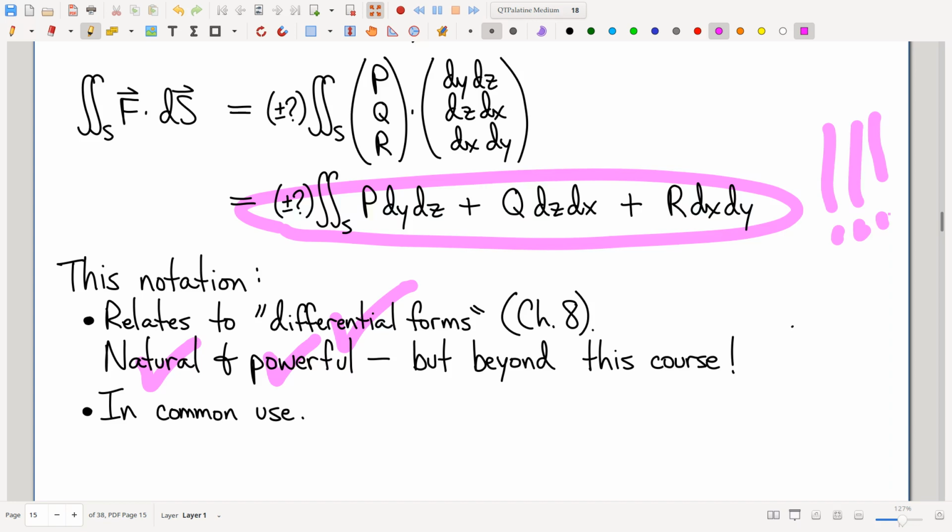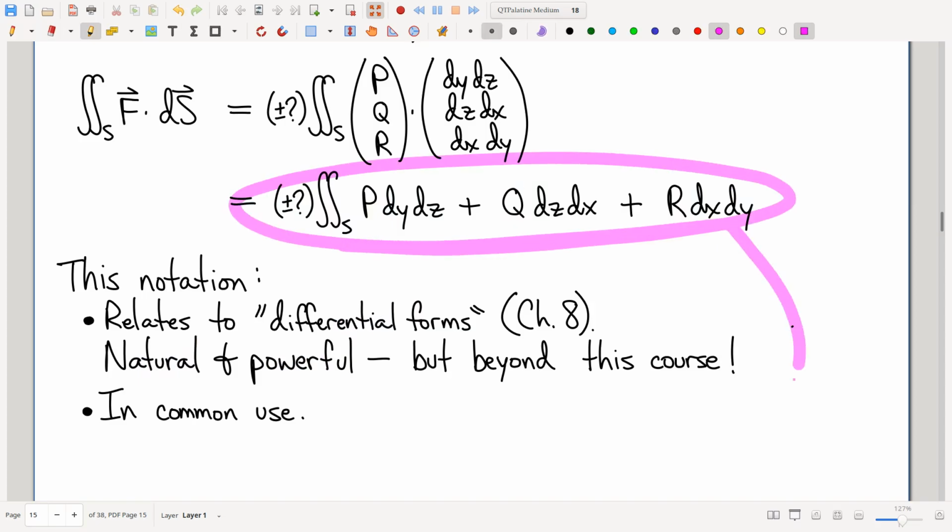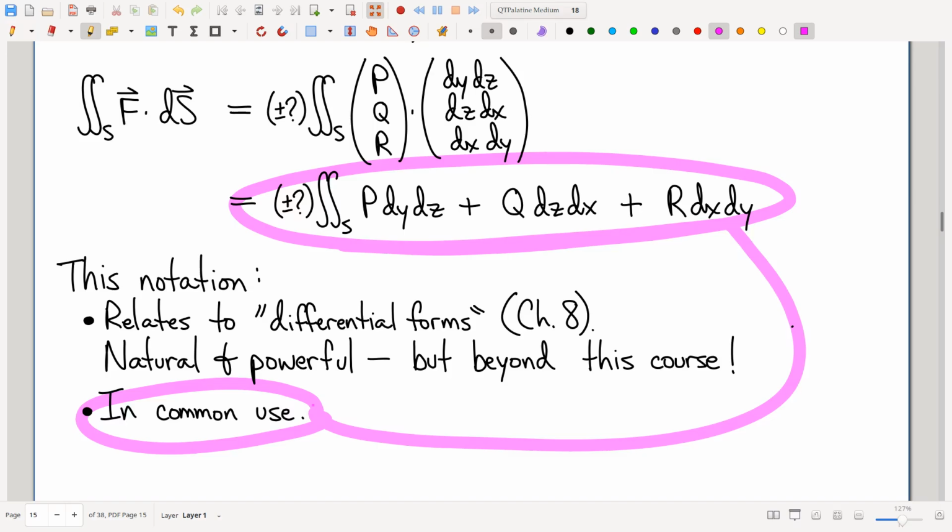Just not going to be stuff that we see in this class. But because it has all these powerful features, this notation, clunky though it is, is in common use. You are going to see this notation outside of Math 219, where I have no control over notations that people will use, right? So you need to make sure that you know what to do with this when you see it.